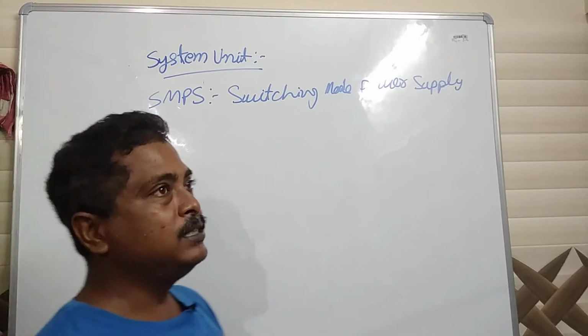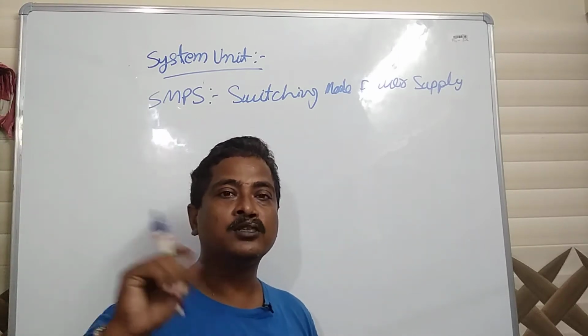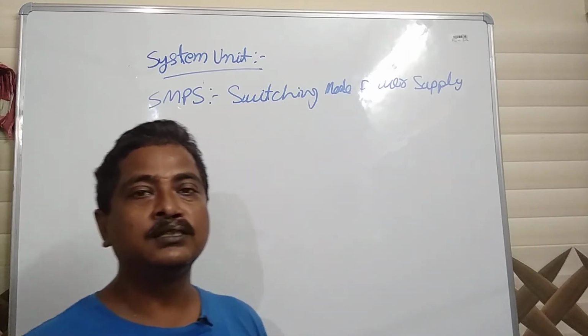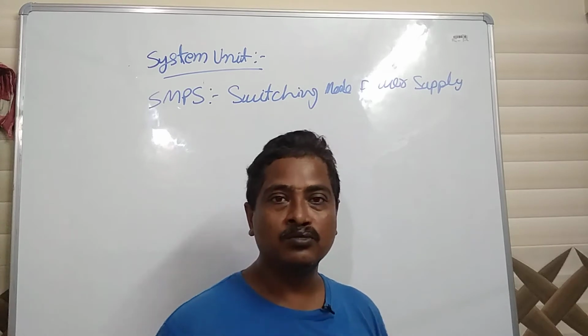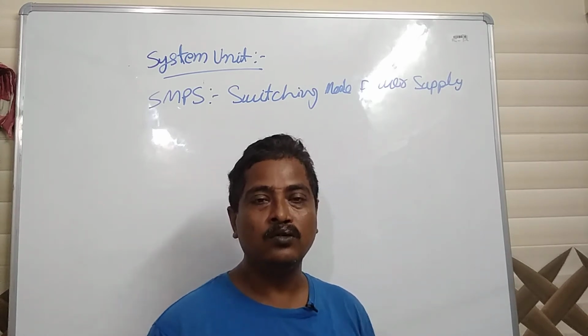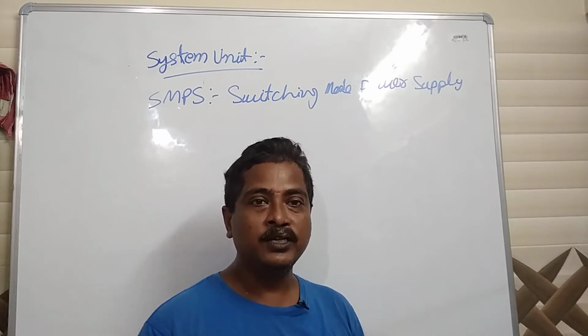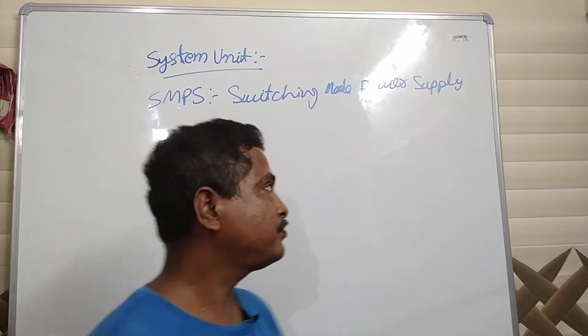It converts AC to DC, and small voltages like plus 5, minus 5 volt DC, minus 3, plus 3 DC, then plus 12, minus 12 DC. These DC voltages are supplied to the various peripheral equipment of the system.